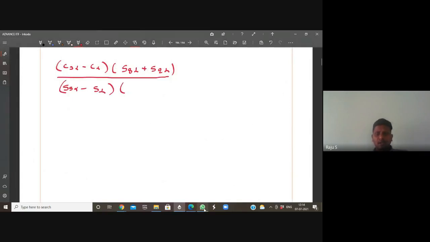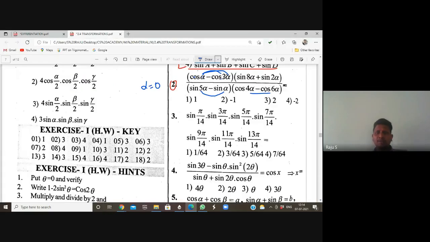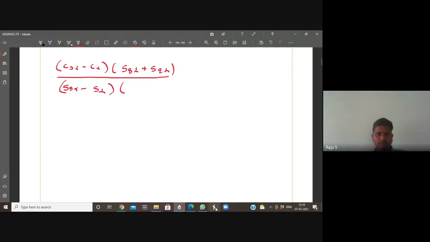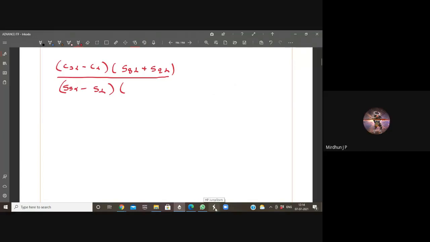See, actually here cos alpha minus cos 3 alpha, I have written cos 3 alpha minus cos alpha. In the same way here, at last, with 4 alpha minus 4 alpha, exactly. We are taking minus out there.